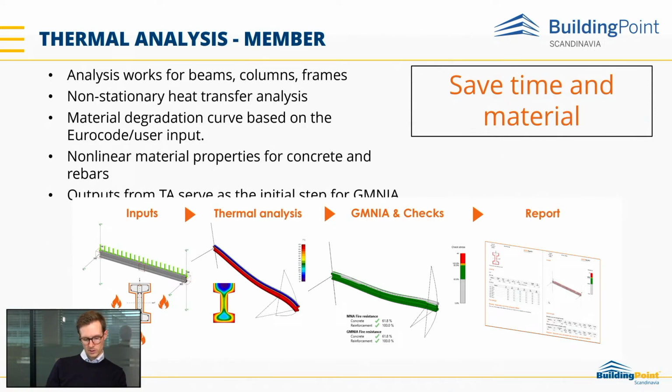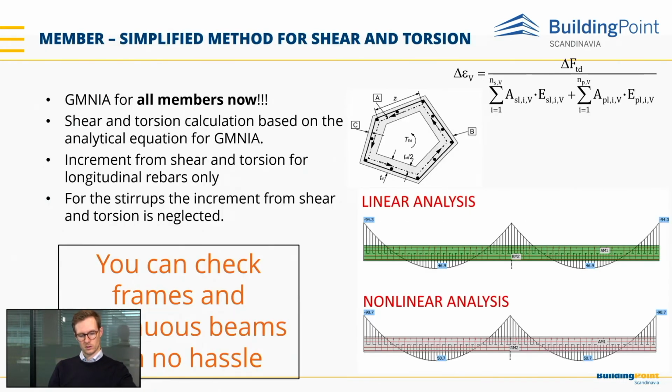So the process, I will also show a demo, is that you create the geometry. You also input the boundary and initial conditions. Then you run the thermal analysis, the material nonlinear analysis. Then you run the geometric and material nonlinear analysis, and then you can go to the report and review the results.